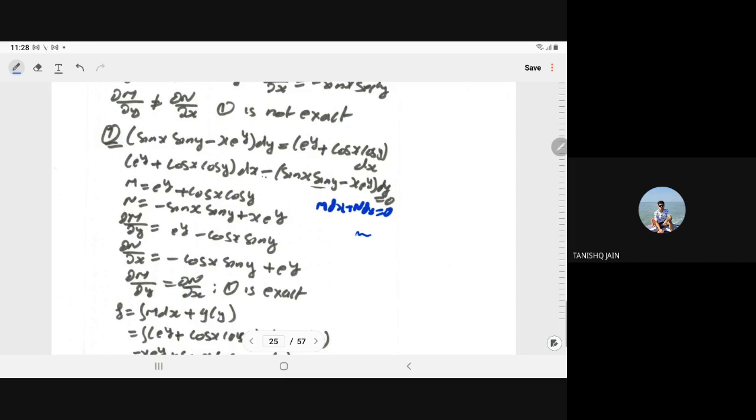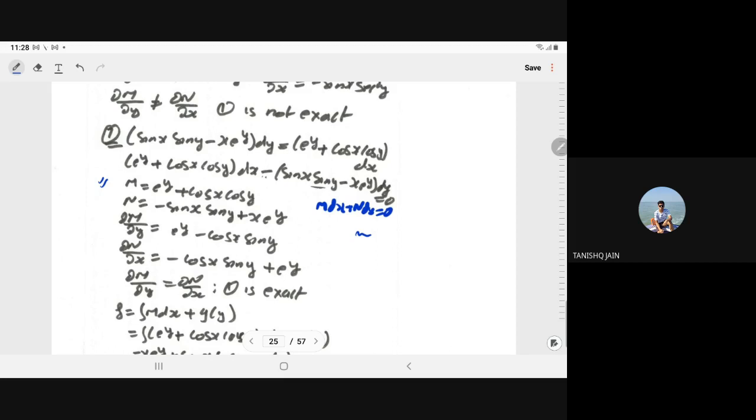So here M is e^y + cos x cos y, from the above we can write this, and N is minus sin x sin y minus x e^y, or you can say minus sin x sin y + x e^y.